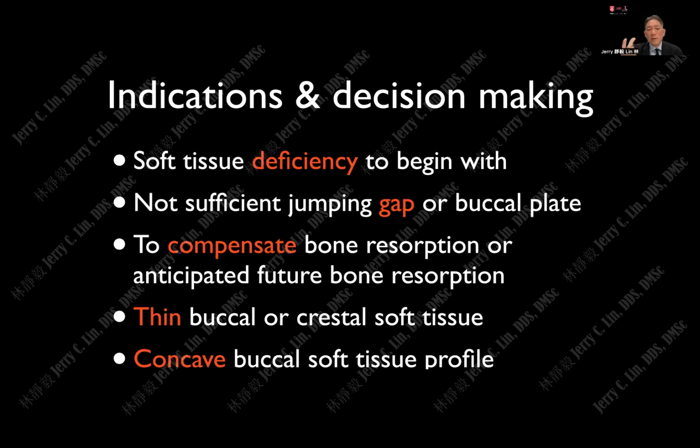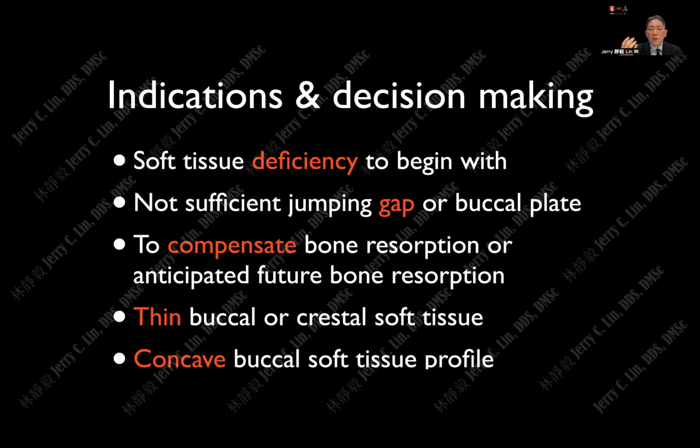Second is an insufficient jumping gap or buccal plate whenever we extract the tooth. Because the jumping gap is very small, we need extra soft tissue for further protection and volume.